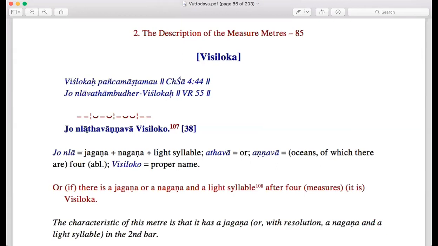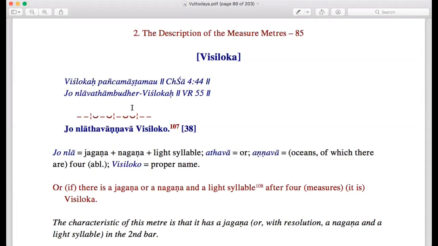So here we can observe Tha Van Na is a Jagana: Tha, Lahu, Van, Garu, Na, Lahu. So this is a Jagana after the 4 measures. And the rest does not need to be checked.